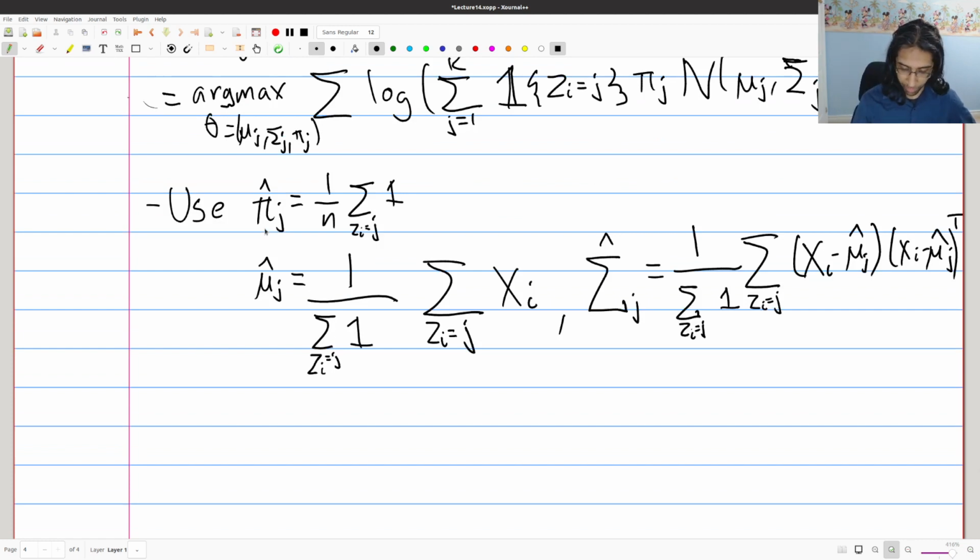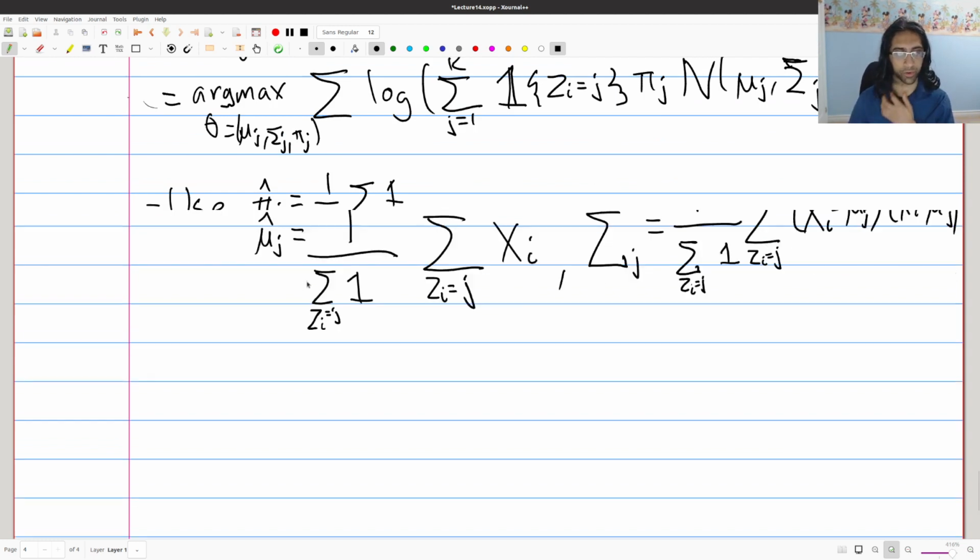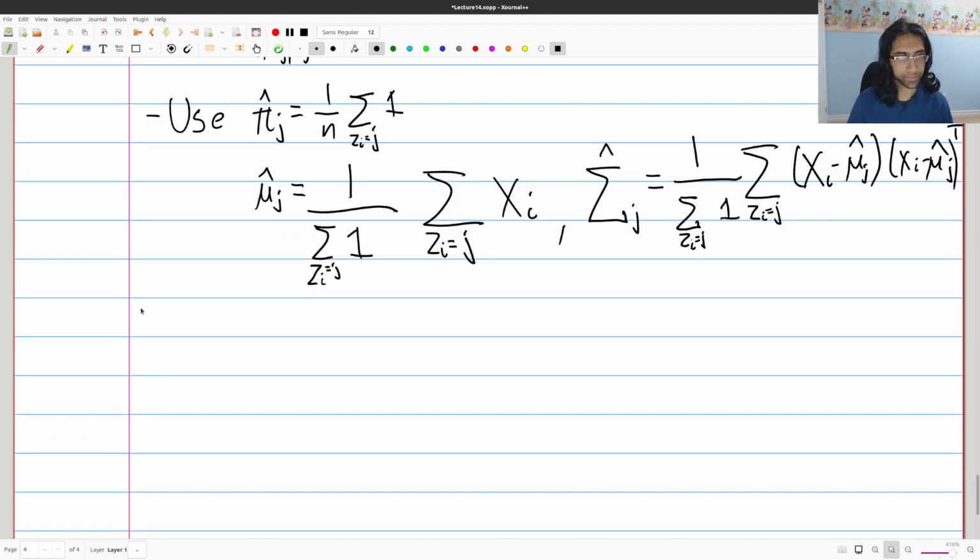Now, this would be a trivial problem, but what makes it non-trivial is we don't know the cluster labels. That's what makes it challenging. Getting the cluster labels is kind of the whole problem that we solve.